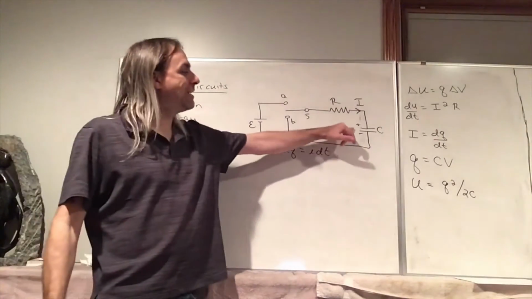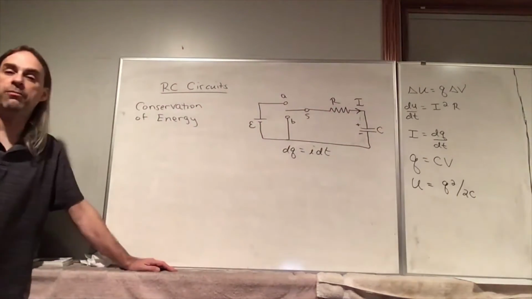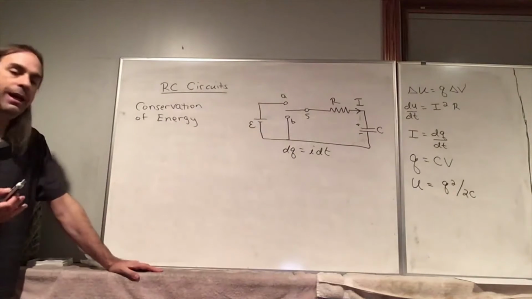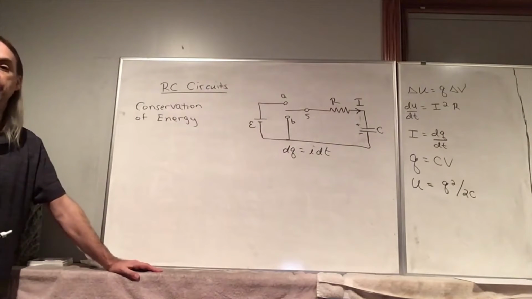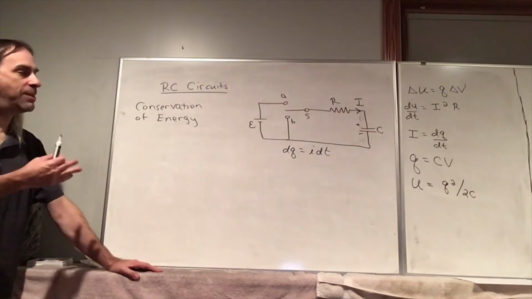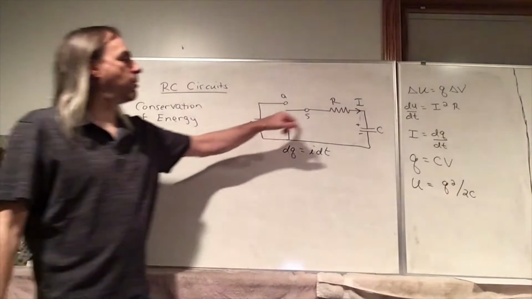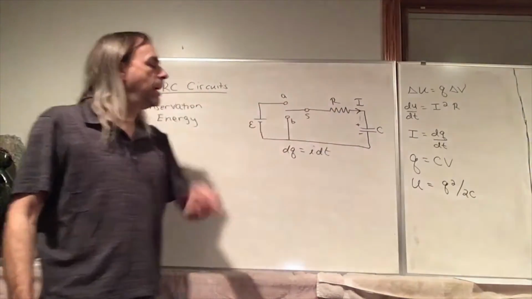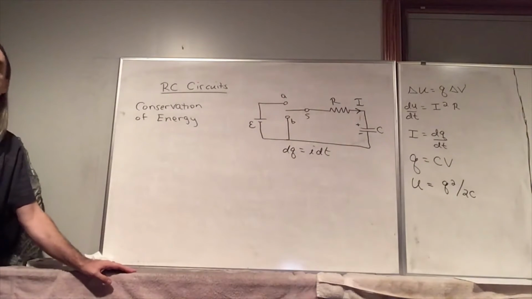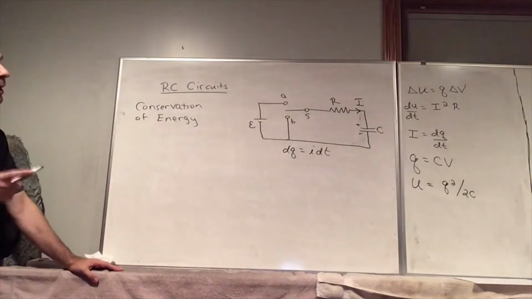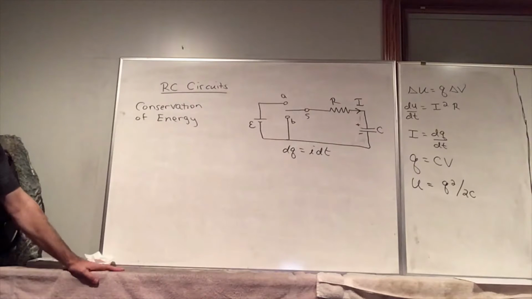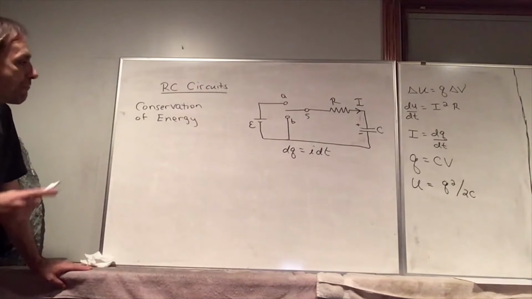So there is an electric field between the plates of the capacitor, and electric fields store energy. So the energy supplied by the battery is going to heat in the resistor and the potential energy of the capacitor. So let's look at this time interval dt.